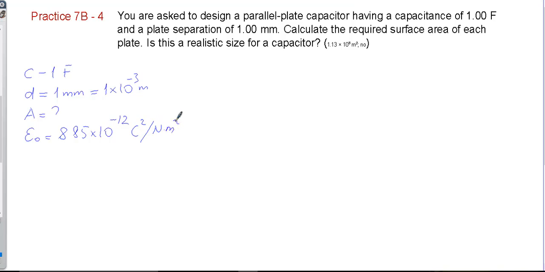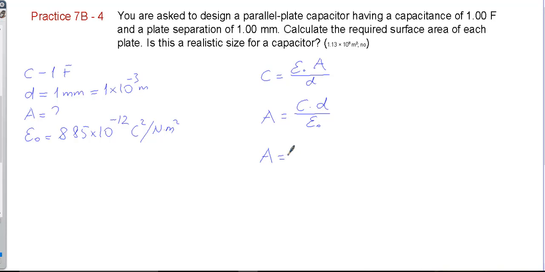Area wanted. And C is equal to capacitance, epsilon A over D. You know it, epsilon A over D. What is wanted here? A wanted. When we cross multiply, we will see that A is equal to C multiplied by D over epsilon 0.